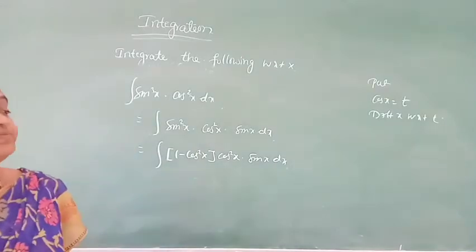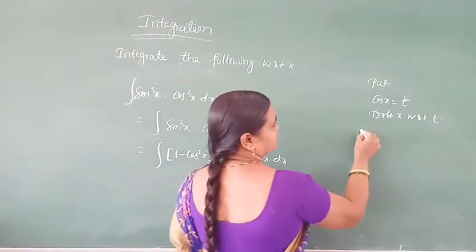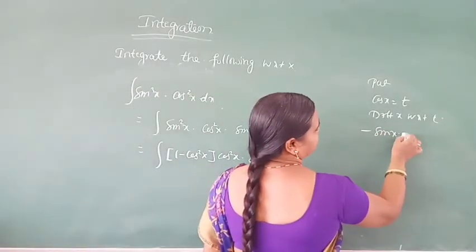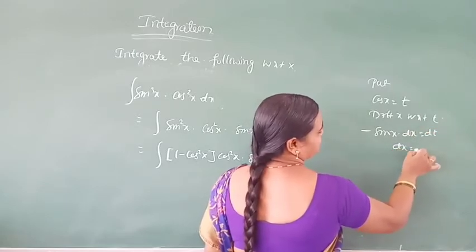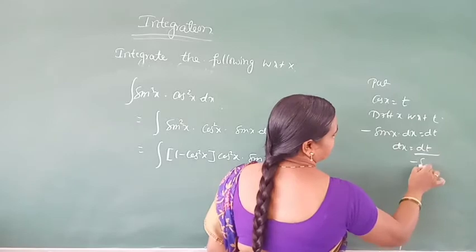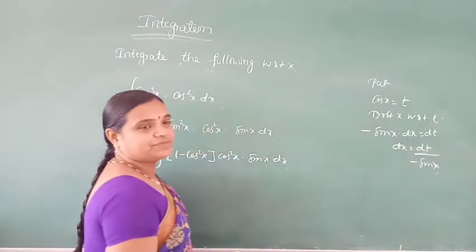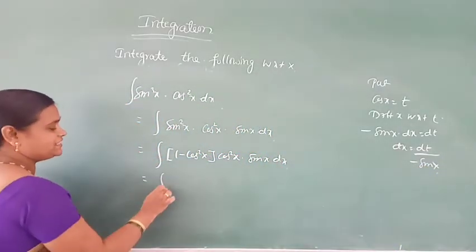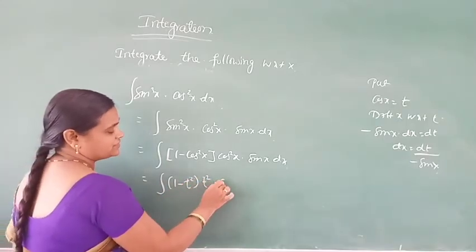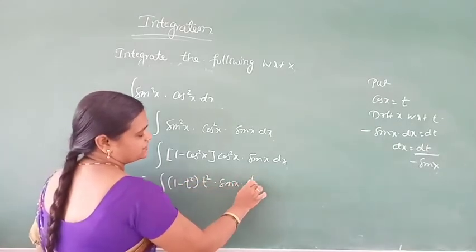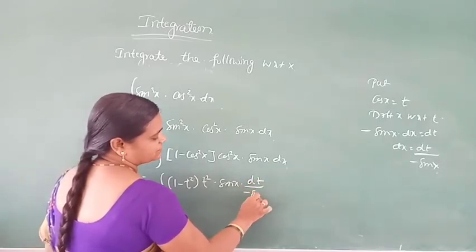Okay, we will get minus sin x dx is dt, or dx is dt by minus sin x. Then we will get the integration of 1 minus t square times sin x dt by minus sin x.